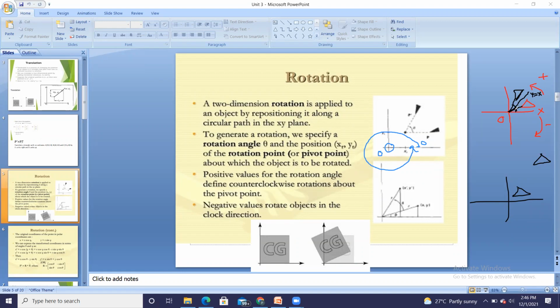So always the rotation is nothing but it is applied to an object by repositioning it along a circular path in XY plane. So repositioning of the object along a circular path in XY plane. Then to generate a rotation, we should have the angle.